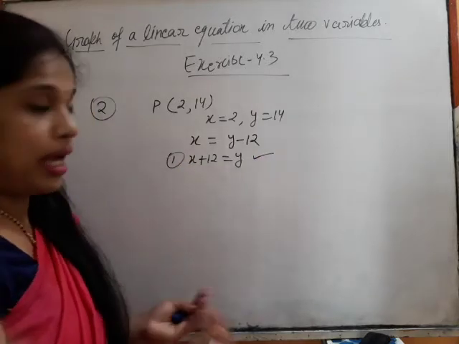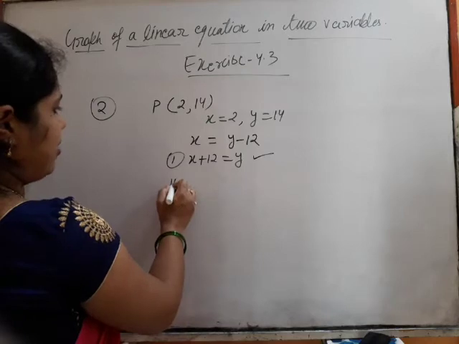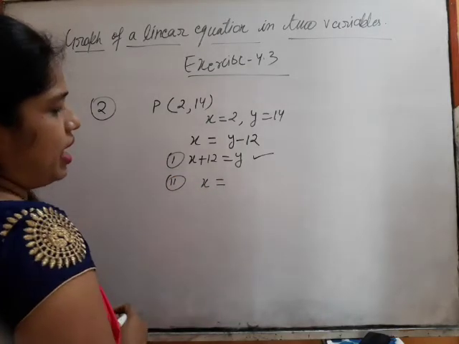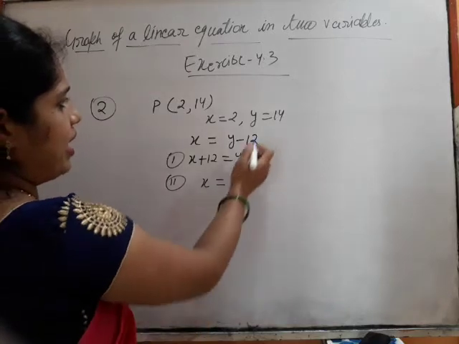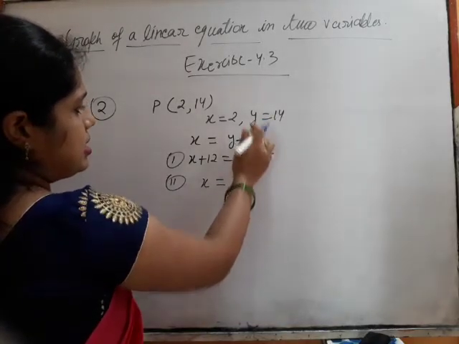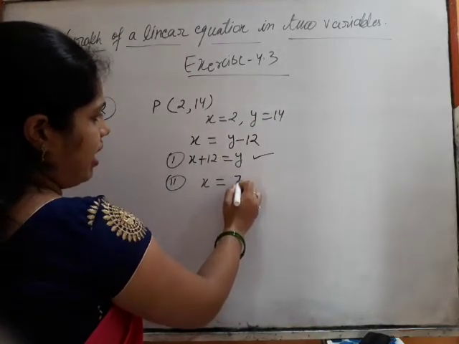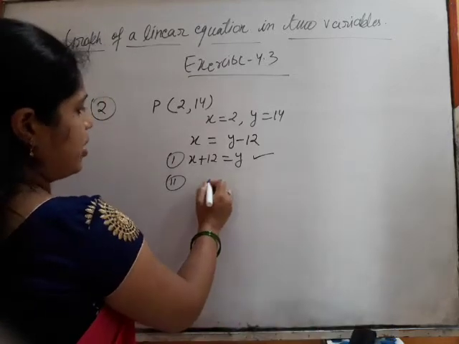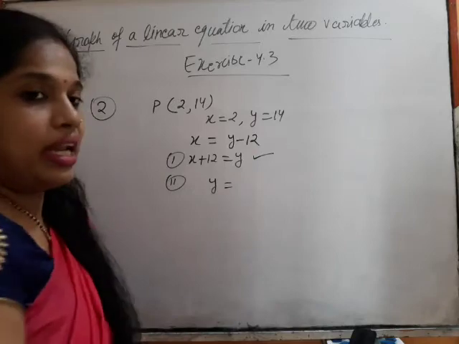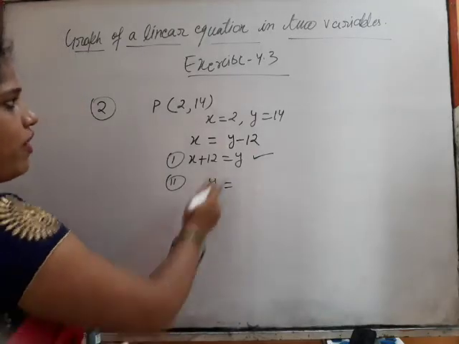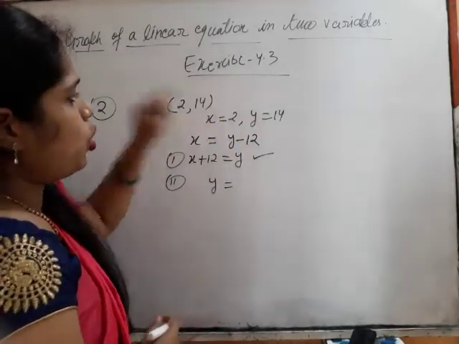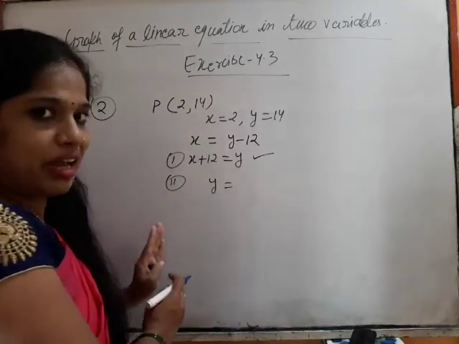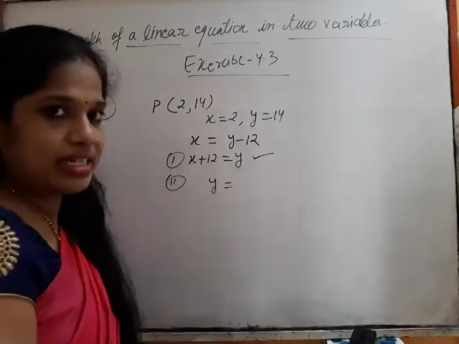In this way another equation you can have. Now the second one. Let us try to get the value of y, which is 14. If one variable is on the left hand side, another will be on the right hand side.